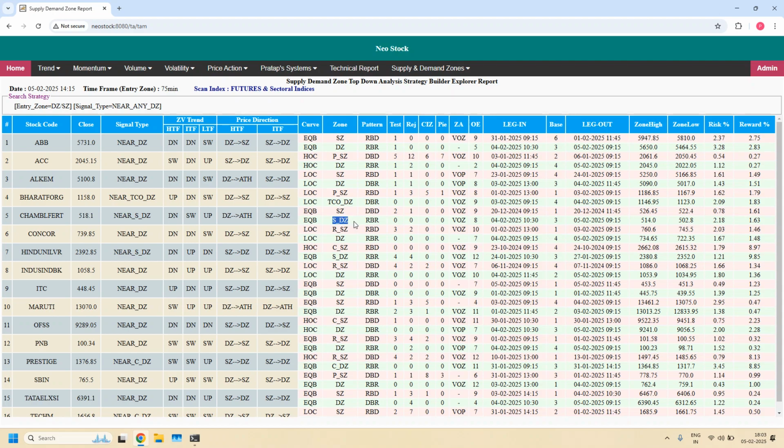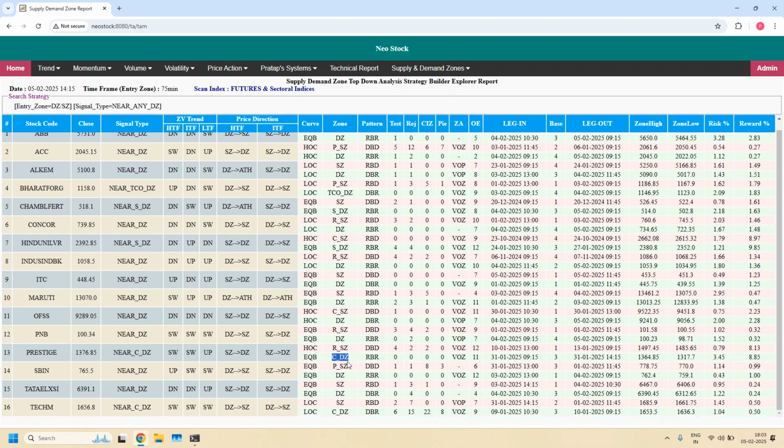Chambal Fertilizers is having a 75 minutes high liquidity demand zone. Hindustan Unilever is having a high liquidity demand zone. Prestige is having a high liquidity 75 minutes demand zone.